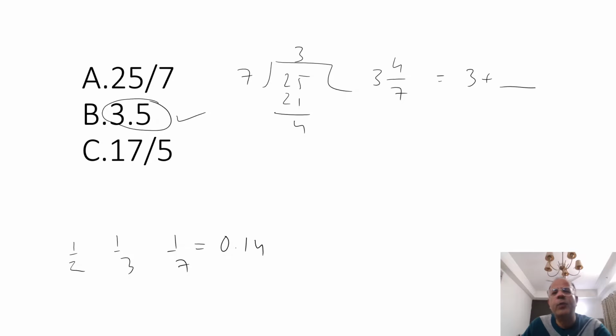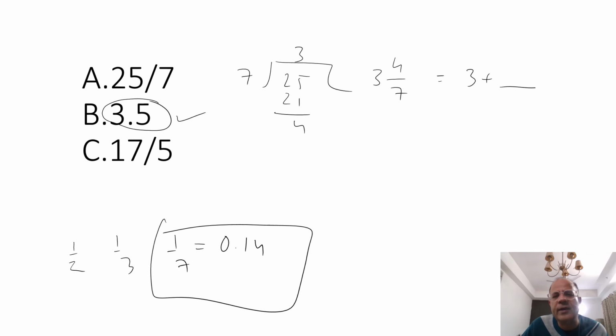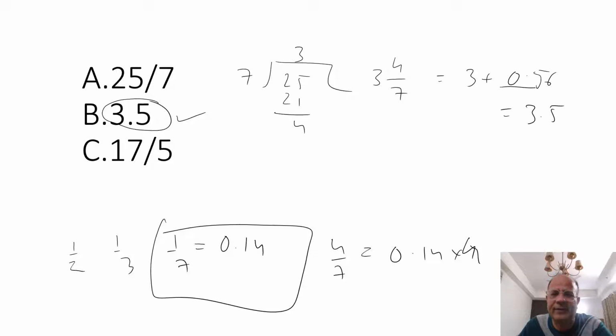So 4 by 7 is going to be 0.14 into 4. How can we quickly do it? 0.14 into 2 is 0.28, into 3 would mean 0.42, and into 4 would be 0.56. So what am I going to get? I'm going to get 3.56.